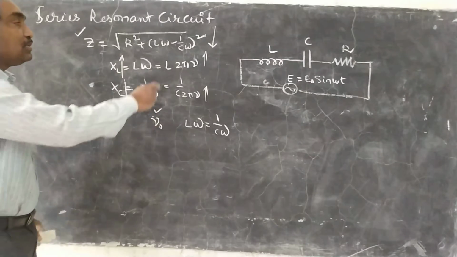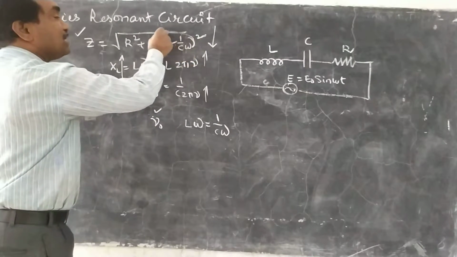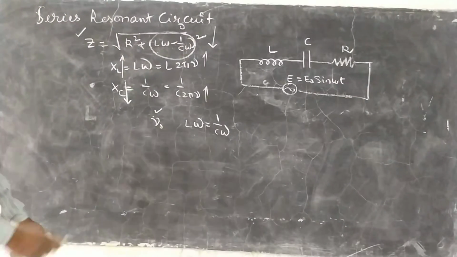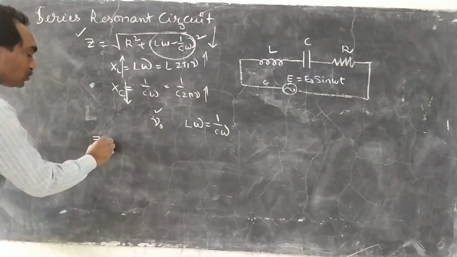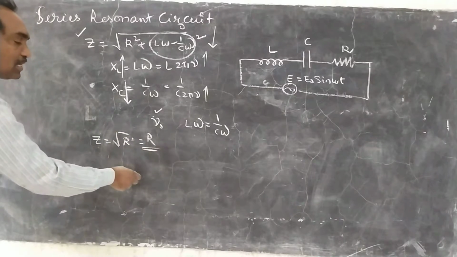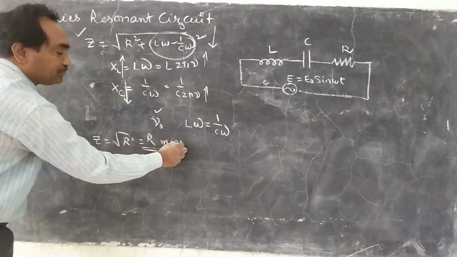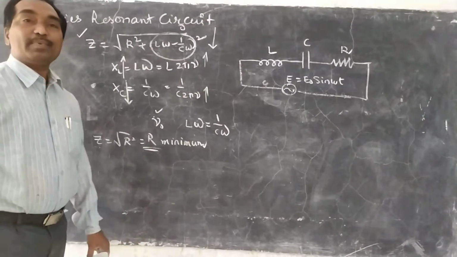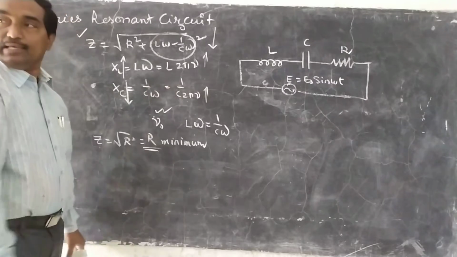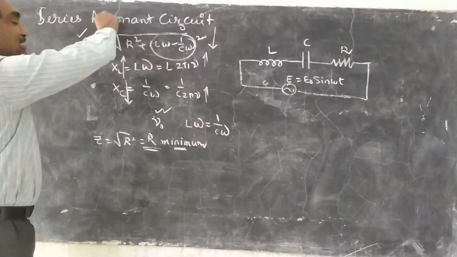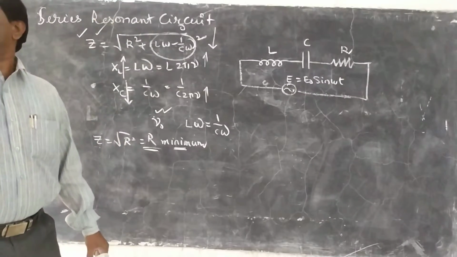When these two are equal, this term goes to 0. Then the impedance Z is equal to square root of R square, that is equal to R. It is very minimum. At a particular frequency, the impedance is minimum, and impedance minimum means current is maximum.